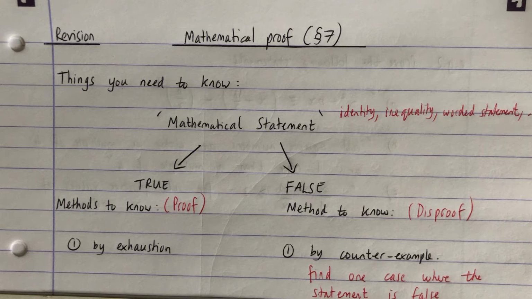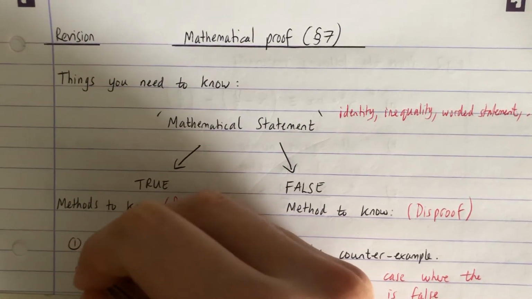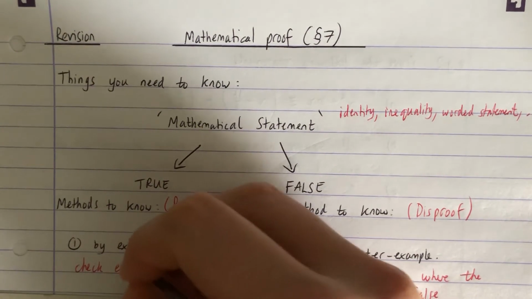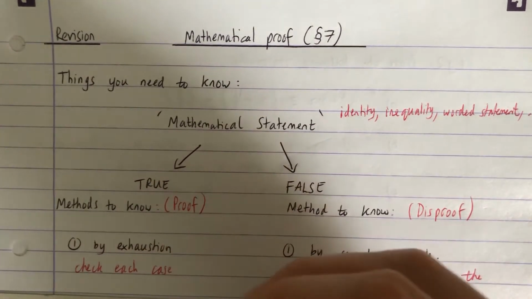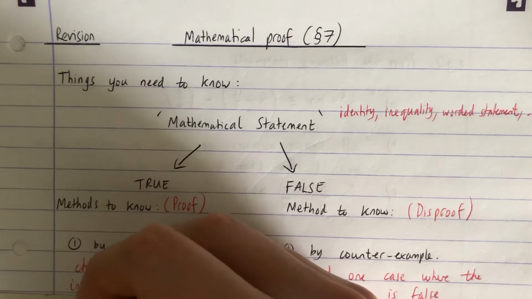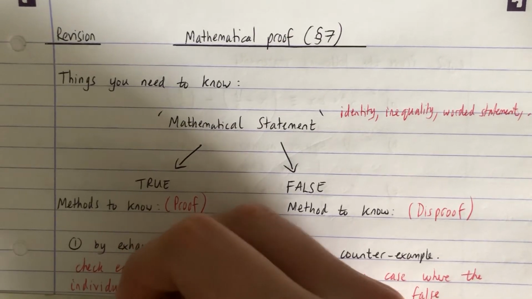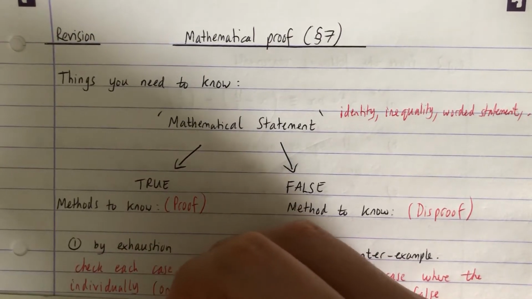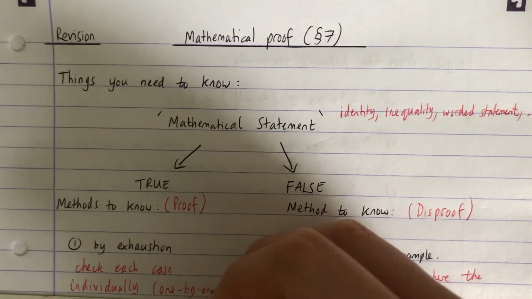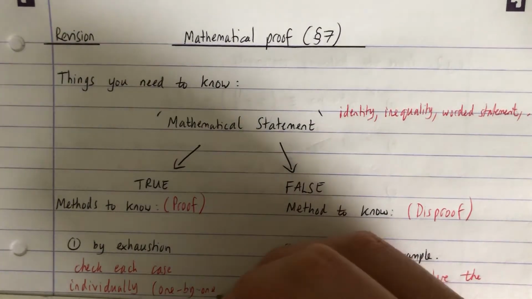And the easiest type of proof, so when you've got a statement which is true, is by exhaustion. Okay, which requires you to check all of the cases one by one. So you check each case individually, one by one, until you've checked them all.